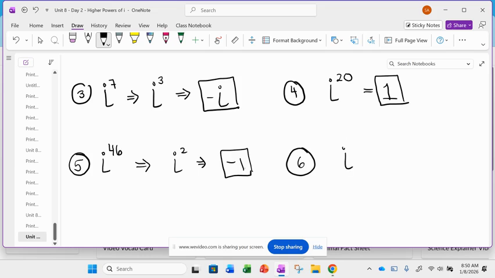Okay, you guys do this one. i to the 27th power. Who simplified this for me?